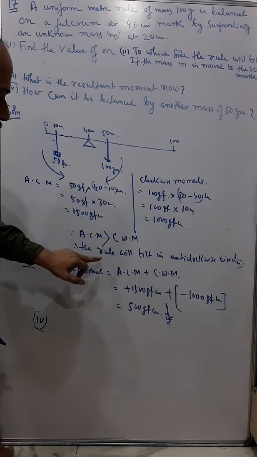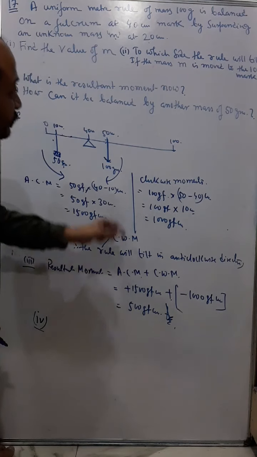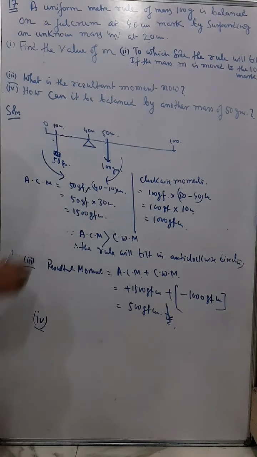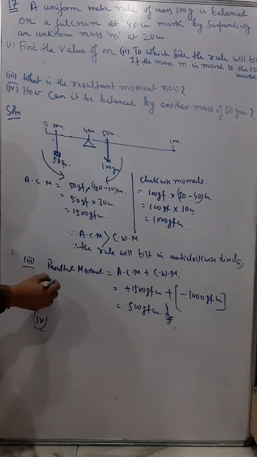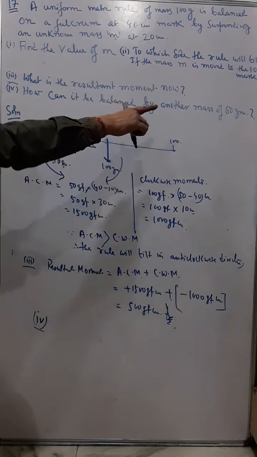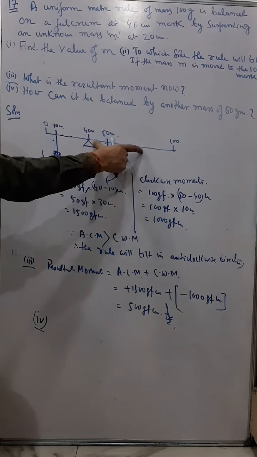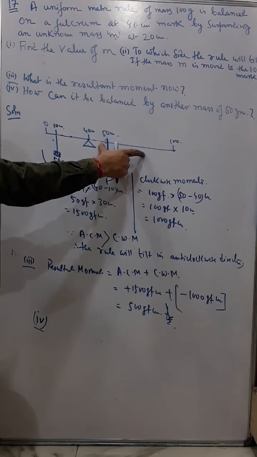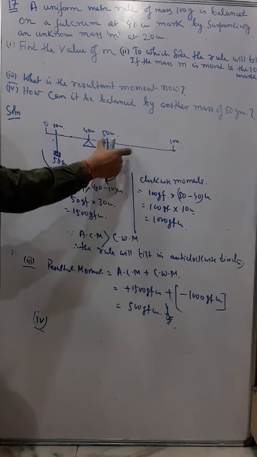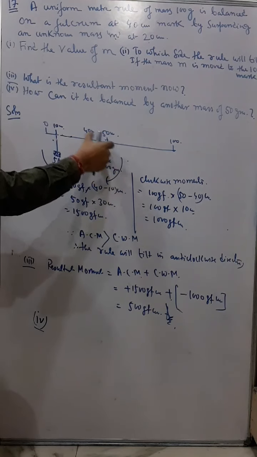By how much? By 500 GF centimeter. Now for balancing, I have to use a 50 gram mass naturally on this side, because on this side the moment is less, right, because it is turning this way. So I'll use this side, but where I will put it, I don't know.